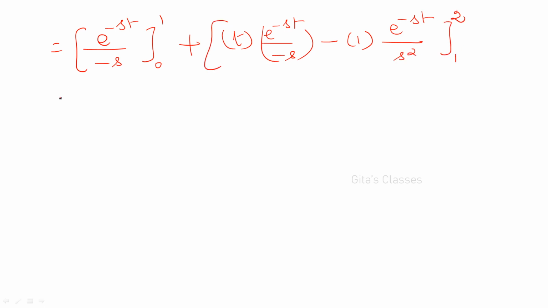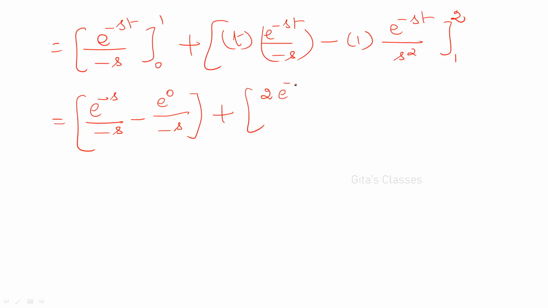If you apply the limits, here we have integrated with respect to t, so wherever you find t, you apply the limits. Upper limit first, then minus the lower limit. So e^(-s) into 1 divided by minus s, minus e^0 divided by minus s. Plus, here apply t equal to 2 first.